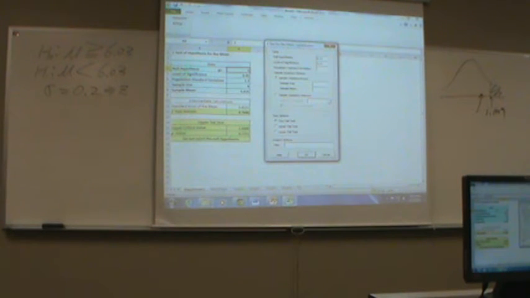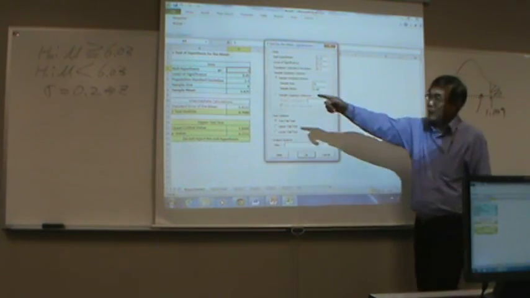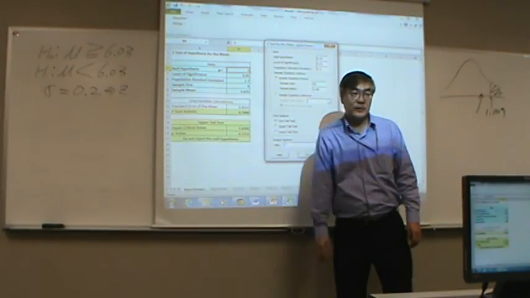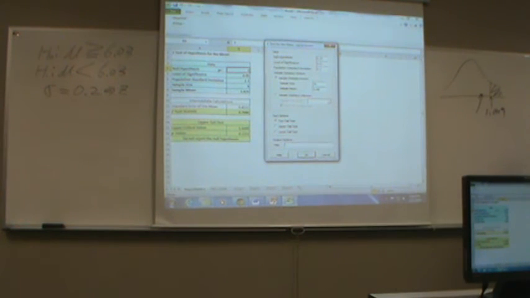Population standard deviation 0.2. Sample size 50. Sample mean 5.98. Is it upper tail or lower tail? Lower tail, because it's going to the left. Left tail is the lower side. So click lower tail and OK.